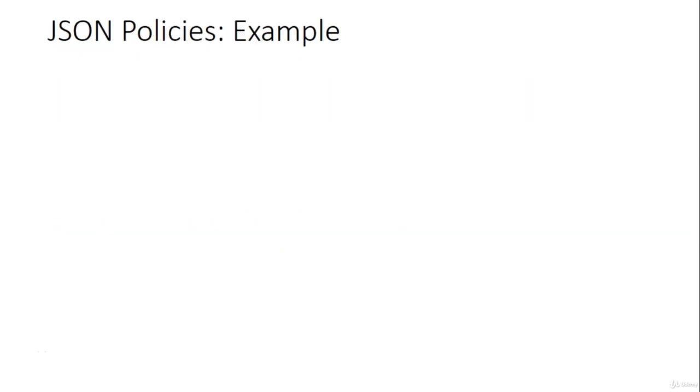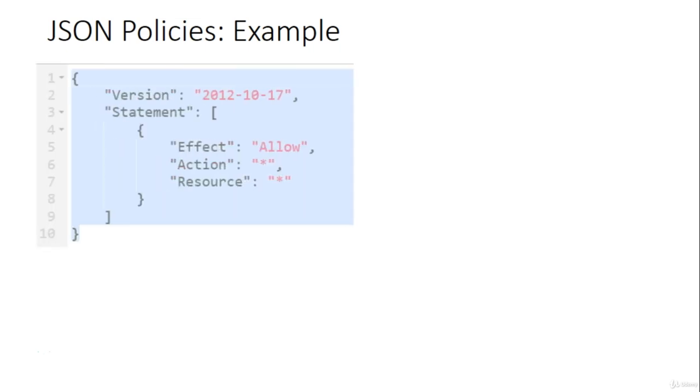Since we always understand better with examples, let us see one here. So here's a simple policy document. You can see the version over here. Here the first line, version, it is the version identification, and then statement. Inside statement we have three elements.